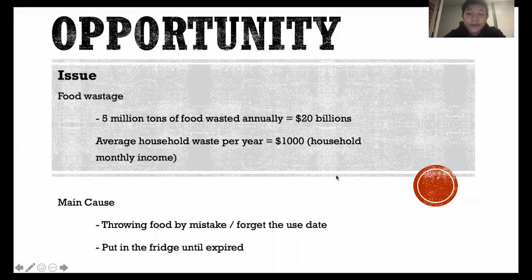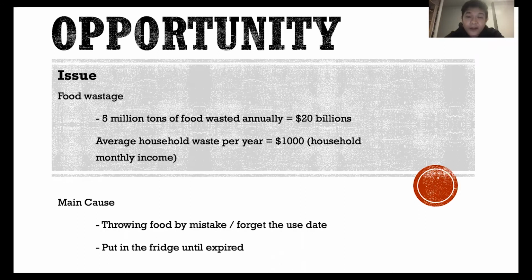Hi, my name is Joseph Win, and I'm going to talk about the opportunity of our product, which is the Product Expiry Check application. Before I talk about the opportunity, there is an issue, which is food wastage. There are 5 million tons of food waste per year, which is around $20 billion.